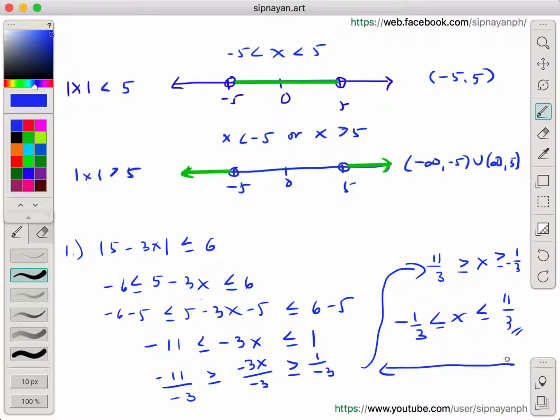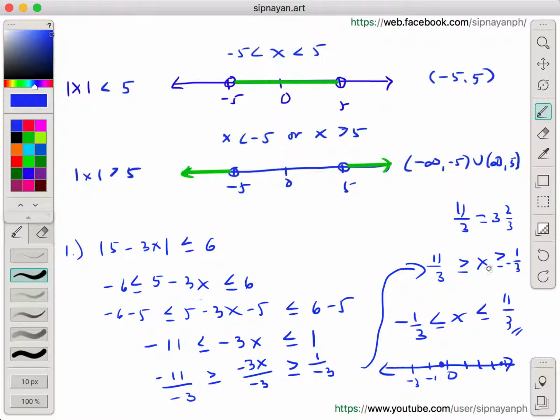It means, on a number line, this is 0, this is negative 1, this is negative 2. Our negative 1/3 is around here. Then our 11/3 is 3 2/3, so 1, 2, 3, 4, it is here, 3 2/3.